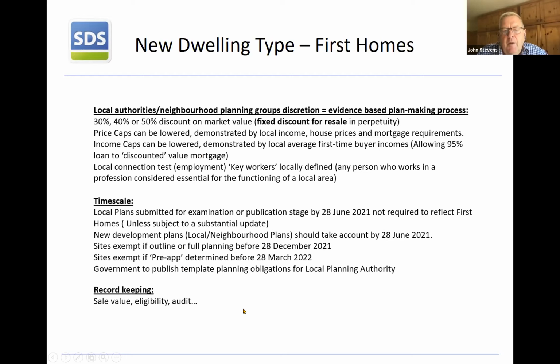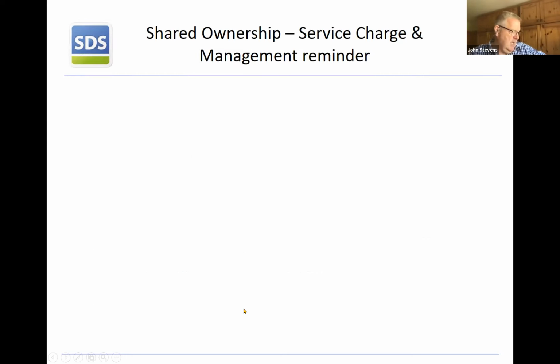Now, a final part of what I'm presenting this morning is a quick reminder, because we've not only seen first homes, but we've also seen a new model of shared ownership come forward, where people can start at very low percentages and staircase upwards.